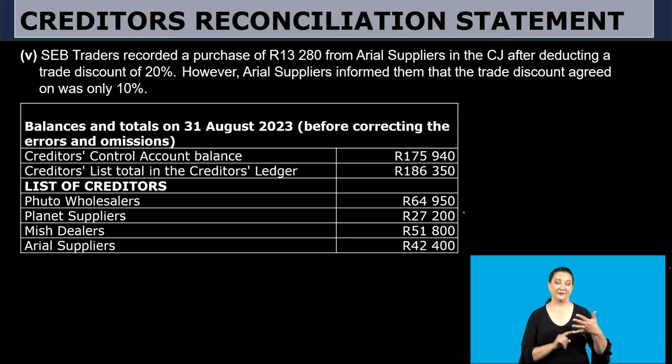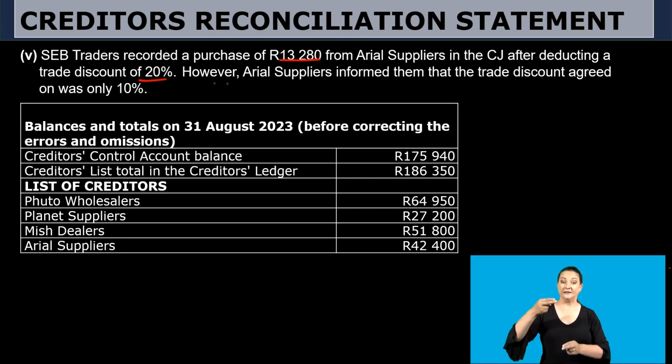Number 5 reads, SEP traders recorded a purchase of 13,280 from area suppliers in the CJ after deducting a trade discount of 20%. However, area suppliers informed them that the trade discount agreed was only 10%.